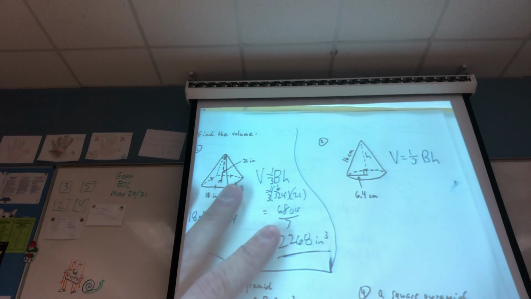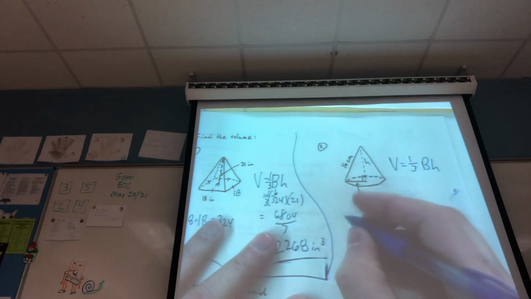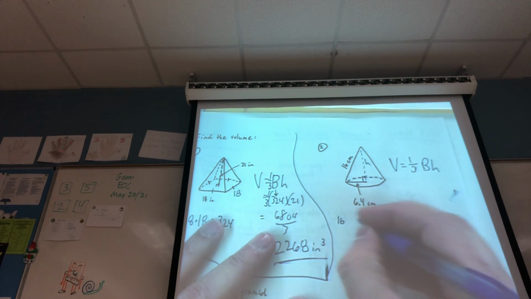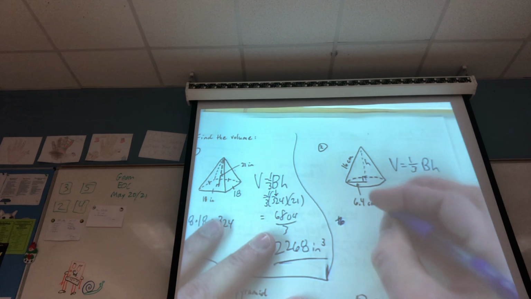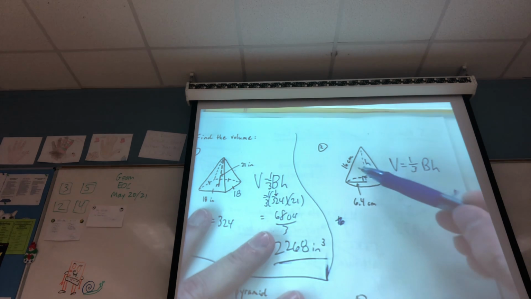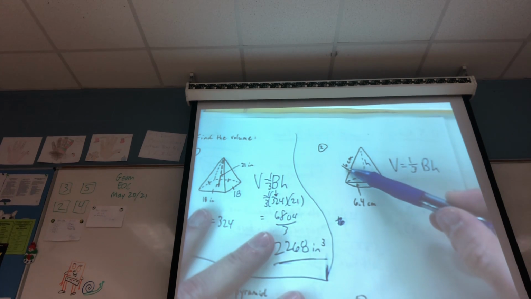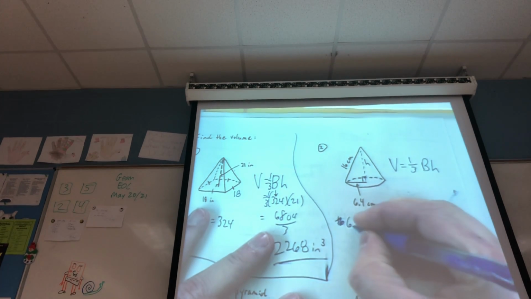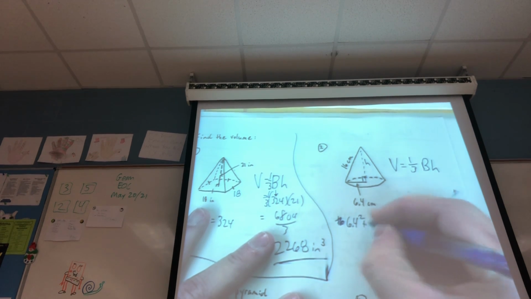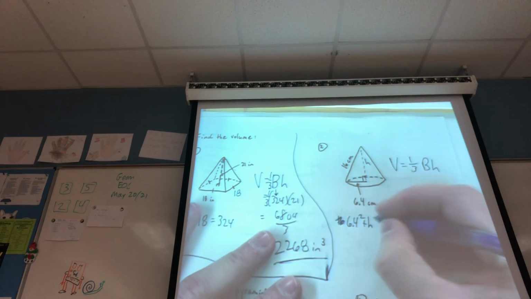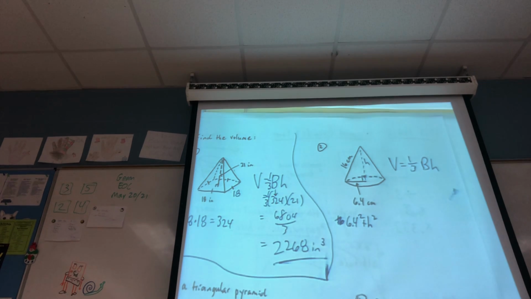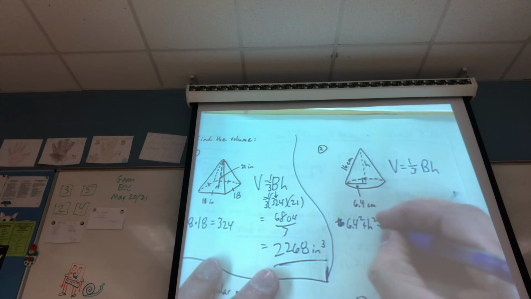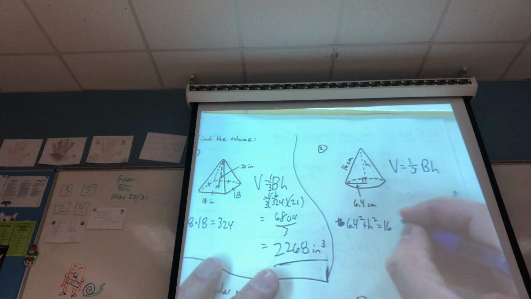So you do 16 squared plus 6.4 squared equals c squared. And now look, 16 actually is your c value because that's your hypotenuse, your longest side. So you want to do 6.4 squared plus h squared equals 16 squared.